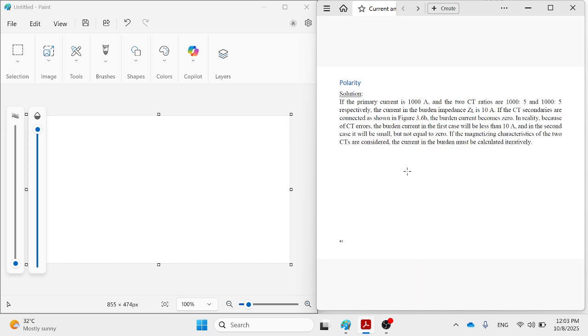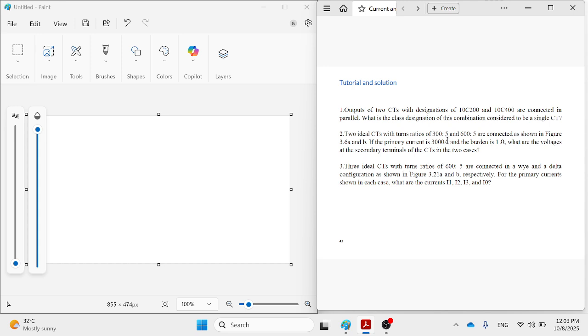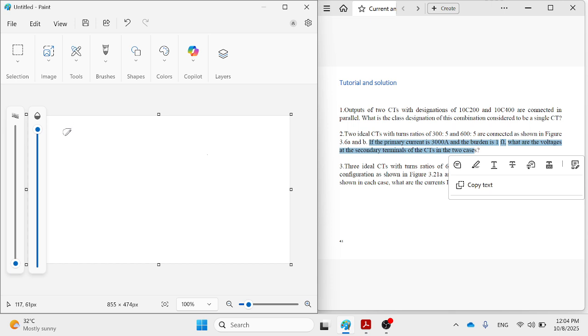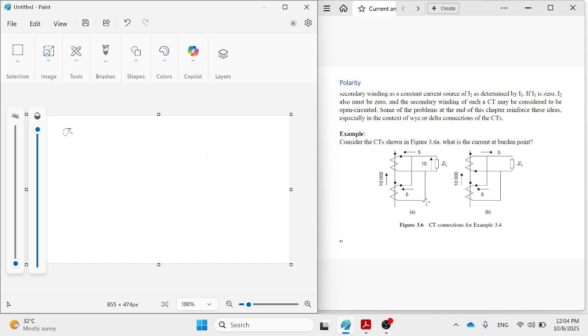Okay, so let's see what the question is. It finally says the primary current is 3000 amp and the burden is 1 ohm. So it's very clear. What is the voltage of the CTs? Look at case A, where both are trying to add up.